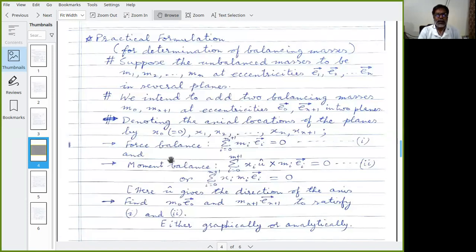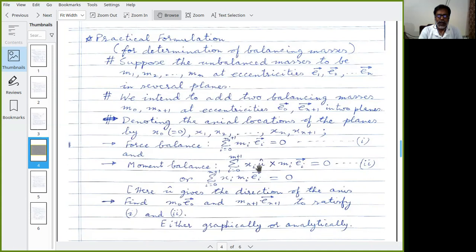And the moment balance will mean the actual position of the unbalanced mass cross this force vector, and the sum of all those from 0 to n plus 1, which amounts to this.